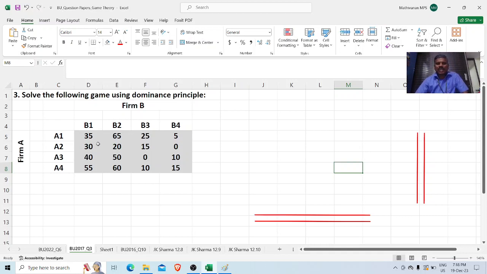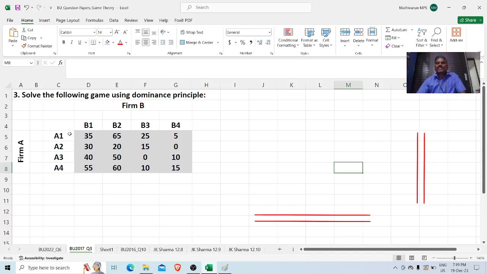Now let us see what this dominance principle is. First we will take the strategies used by firm A. Take the first strategy. When A is using the first strategy and B is using the first strategy, that is B1, firm A will gain 35 points.